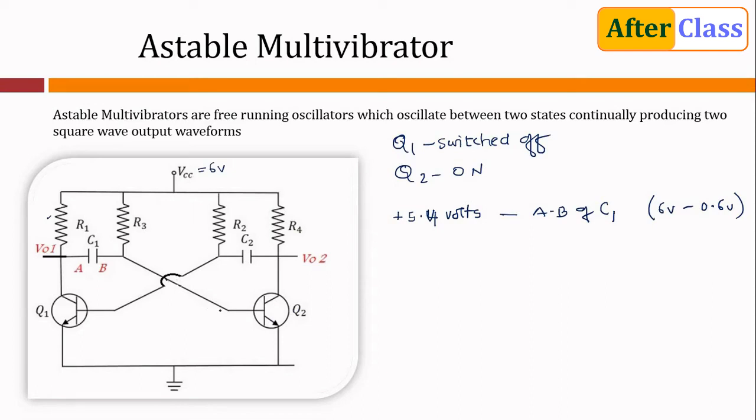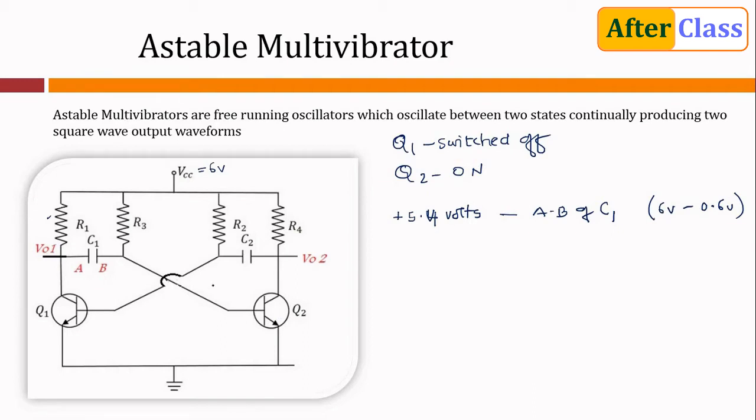Since Q2 is fully on, C2 starts to charge through R2 towards the value of VCC. So this is on, so this capacitor will start to charge once this path is completed, VCC through R2, C2 to through transistor Q2.